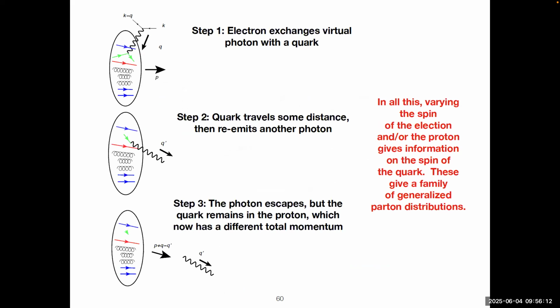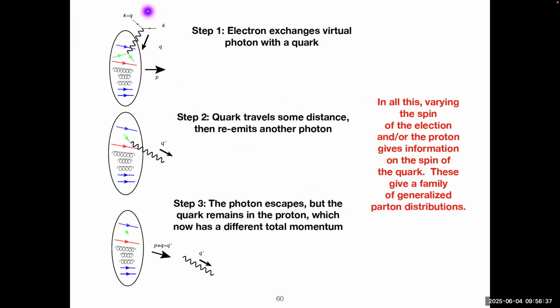So here's DVCS, understood in the language that we've been discussing. The first step is an electron exchange. Here comes our electron and here's our proton. An electron comes in from the right, going to the left, and exchanges a photon of momentum Q with a quark inside the proton.